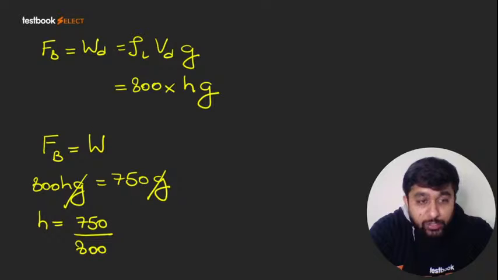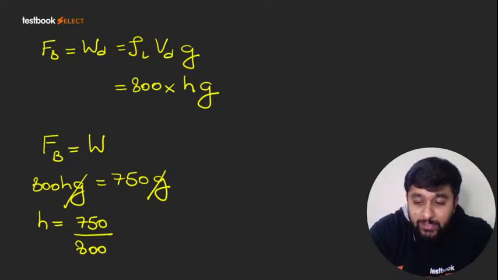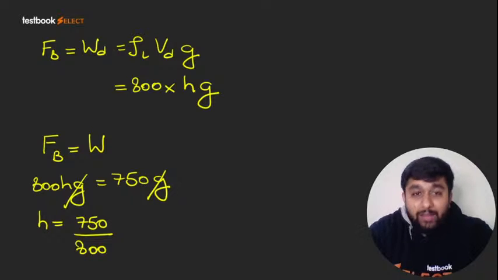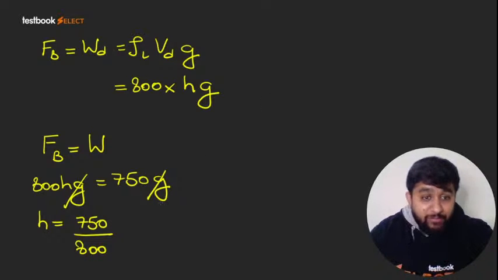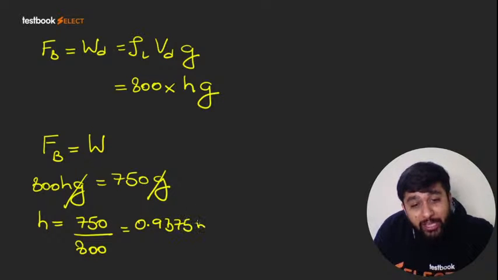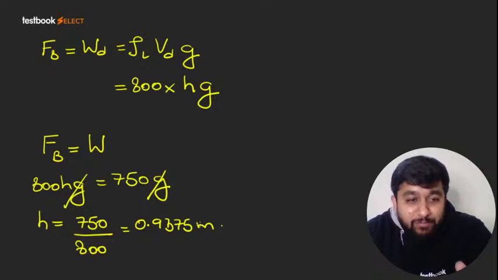I think I have not brought my calculator over here, so let me use the calculator of my PC. Okay, 750 divided by 800. So actually it's 15 by 16. Let me get it from the calculator: 0.9375. So the height of the body inside the water is 0.9375 meters, right?